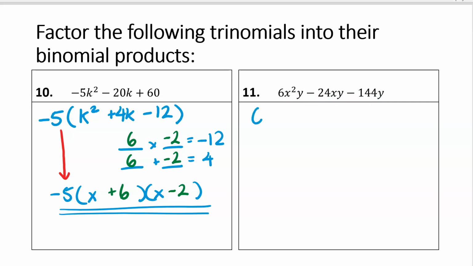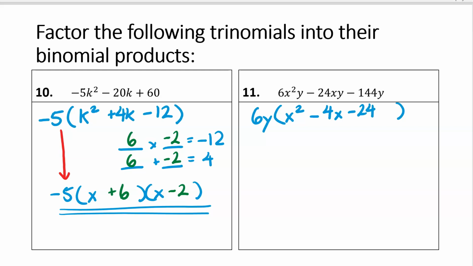So let's factor that out. 6y, brackets, 6y times x squared will give you 6x squared y. 6y times a negative 4x would give you negative 24xy. And 6y times the negative 24 would give you negative 144y.